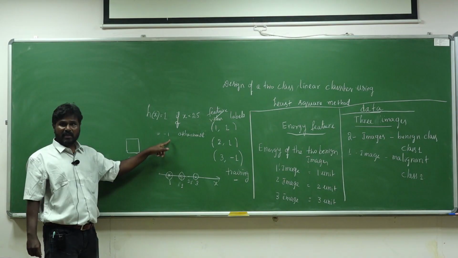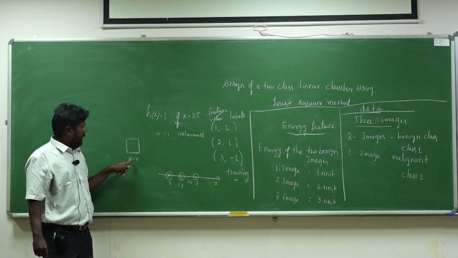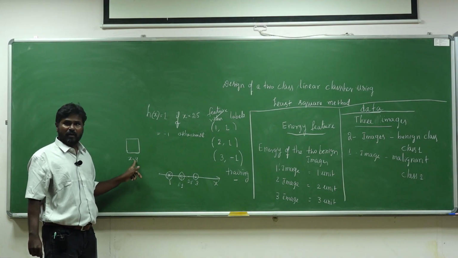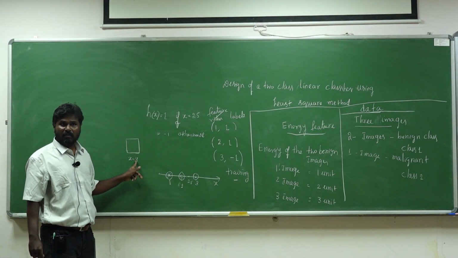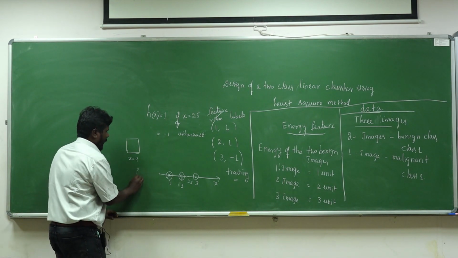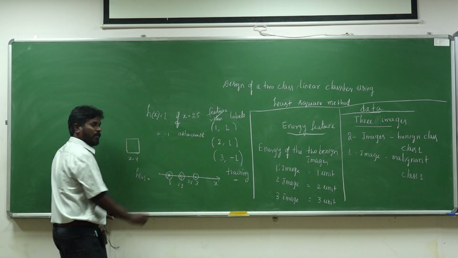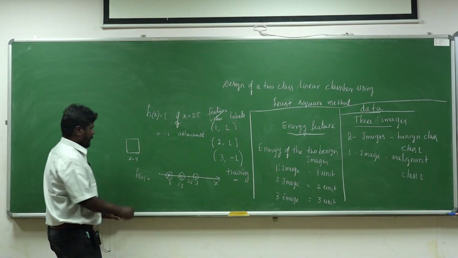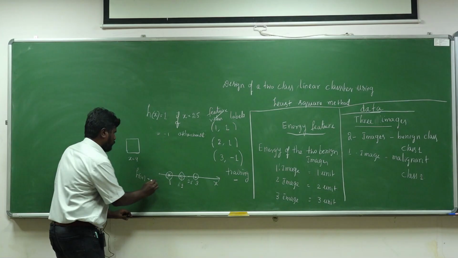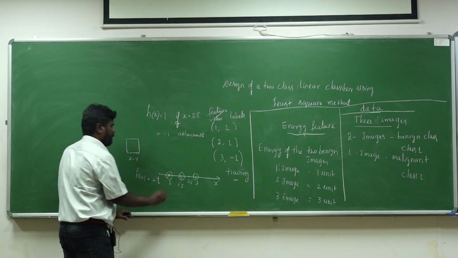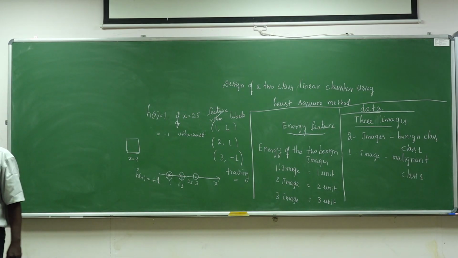If this is the feature value, the classifier says this image belongs to, h of 4 belongs to what? Class 2. Yeah, it gives you -1.